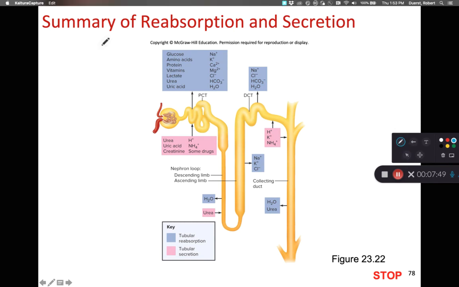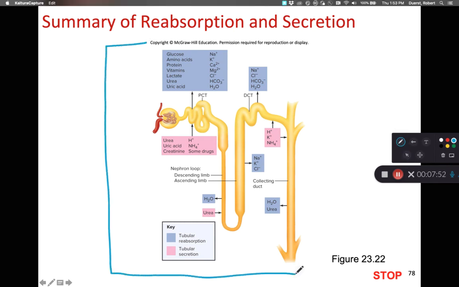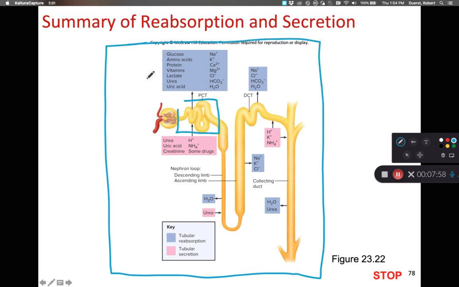So ultimately, this is a fabulous summary of how we have tubular absorption and secretion. So in the proximal convoluted tubule, we have most of our tubular reabsorption. So notice all these really exciting things that we reabsorb in the proximal convoluted tubule. We have a little bit of tubular secretion in the proximal convoluted tubule.